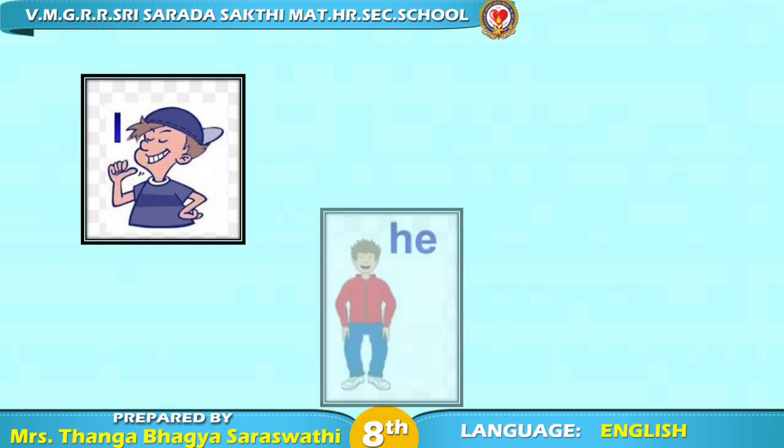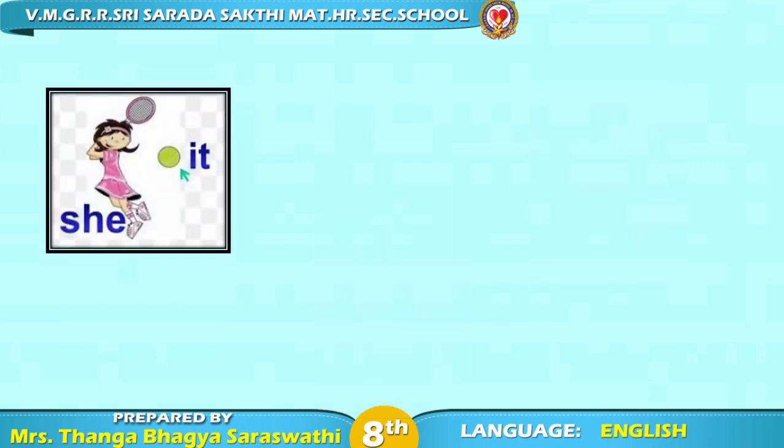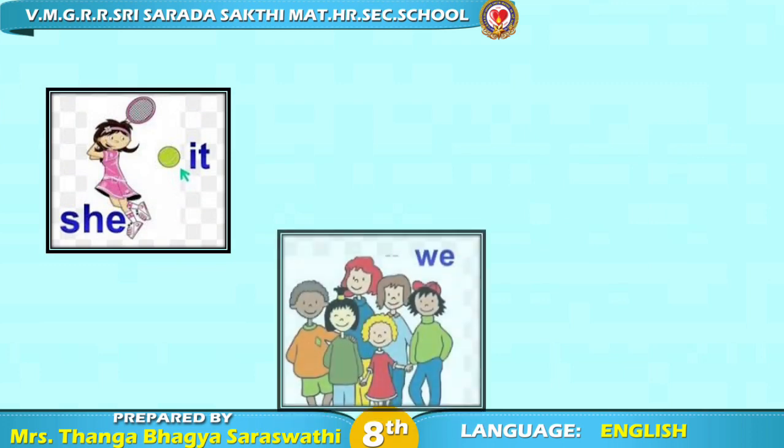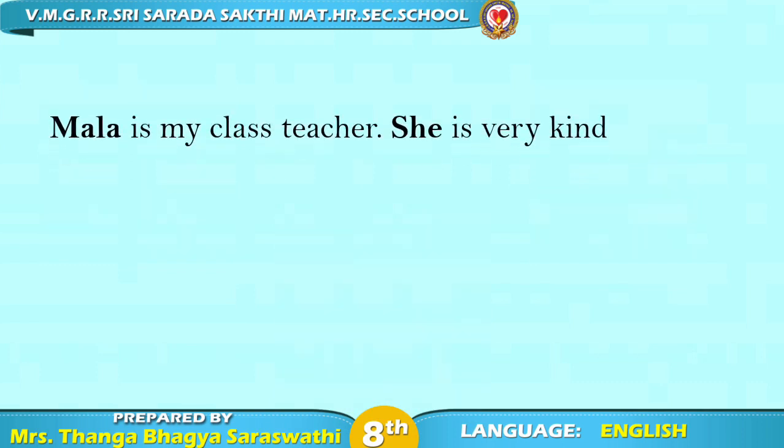Here I, he, you, she, it, we, they: these are some examples of pronouns. Mala is my class teacher. She is very kind. Here Mala is a noun and she is a pronoun, which is used in the place of Mala.